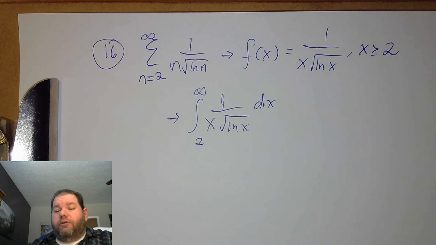Now there is one other alternative, and that is we can potentially make a substitution. If we can substitute for the logarithm instead of doing integration by parts, that would work as well. But really those are our two options.